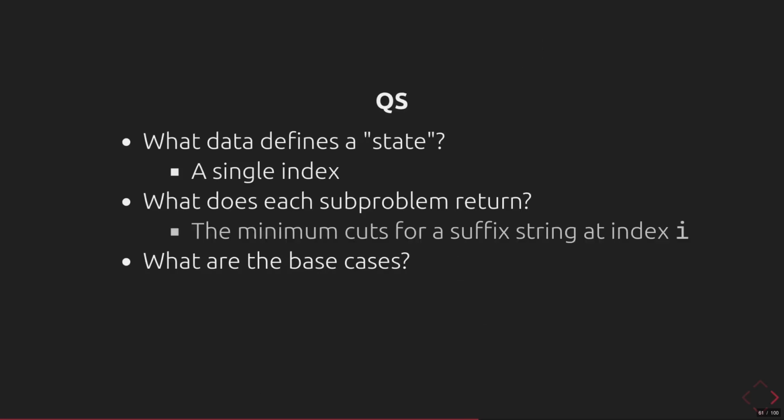Okay, next up, what are our base cases? So what happens when you take recursion all the way down? You're going to have something like, I guess, an empty string, in which case you don't need any cuts, right? Another base case might possibly be that, hey, if I check from here to here, if the entire rest of the substring is a palindrome, right, it's the same forwards and backwards, then it's also 0.